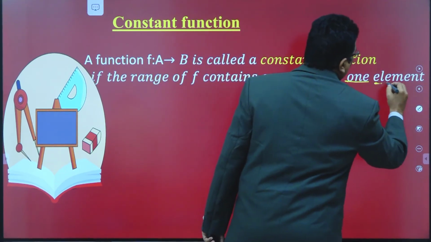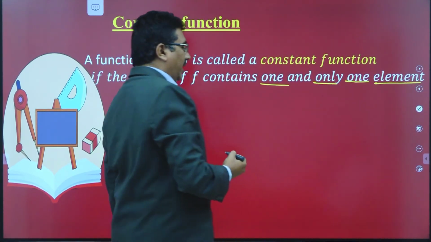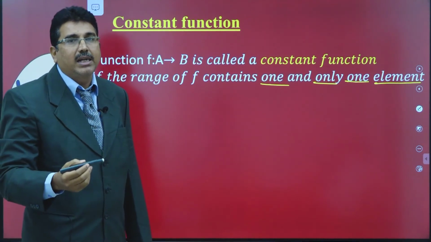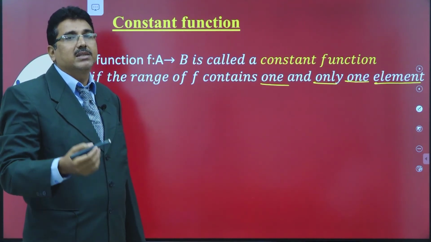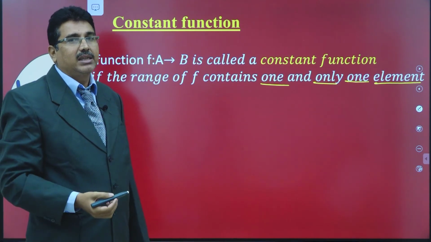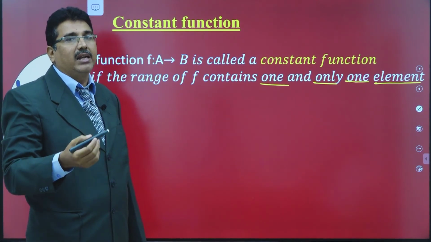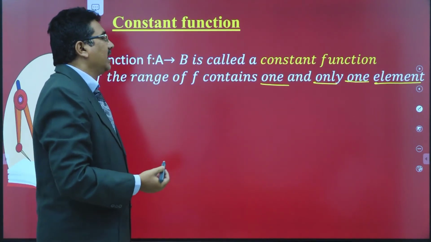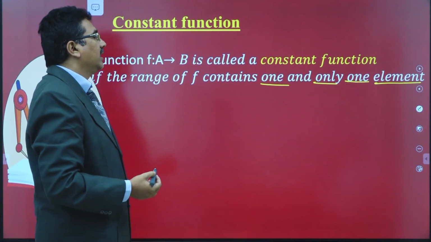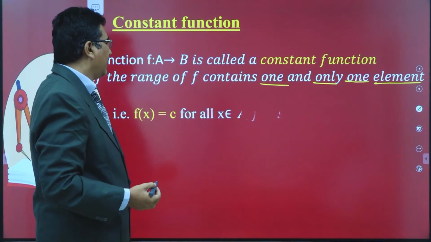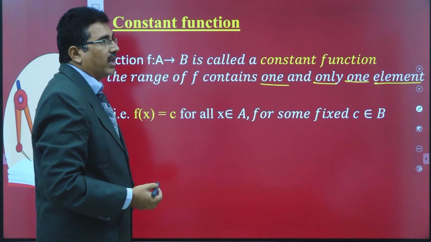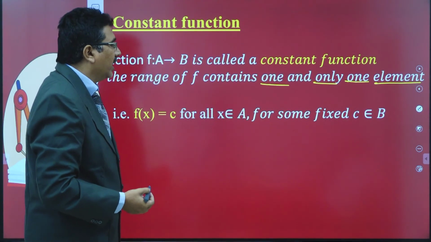That means the image of all domain elements is only one element. In that situation, that function is called a constant function. f of x is equal to c for all x belonging to A.